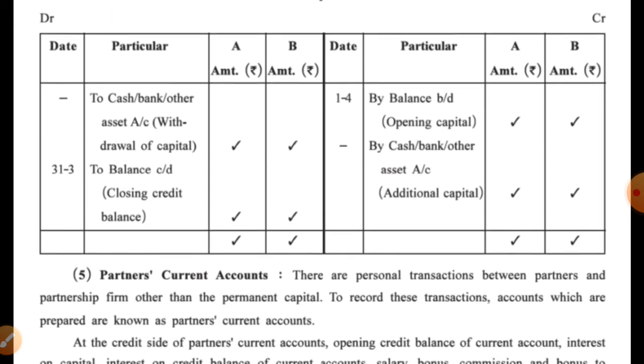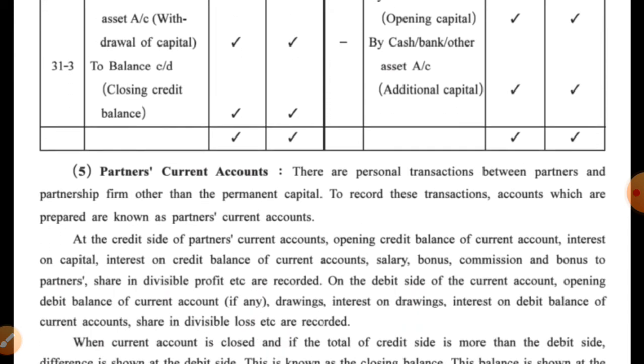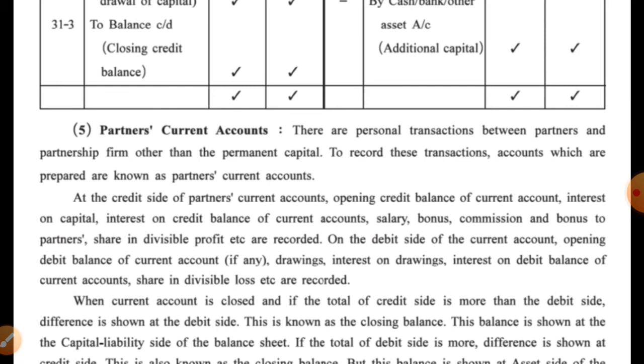Okay, now after understanding the partners' capital account, let us understand what is partners' current account and why it is to be prepared. That is also to be prepared to record the personal transactions between partners and the partnership firm other than the permanent capital.